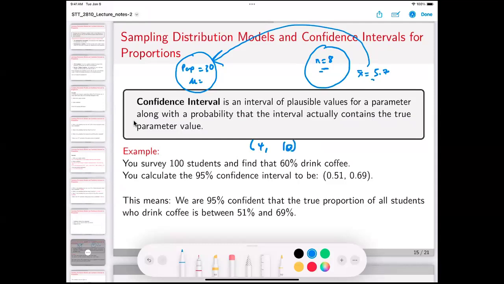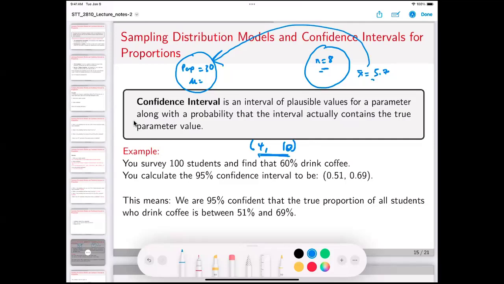So within this range, the true average height of the people in this class would be between this range, given a certain level of confidence. So the confidence interval is like a range where we have some level of confidence to say that the true estimate of the population parameter is within this range.